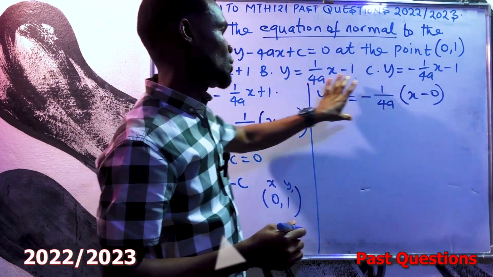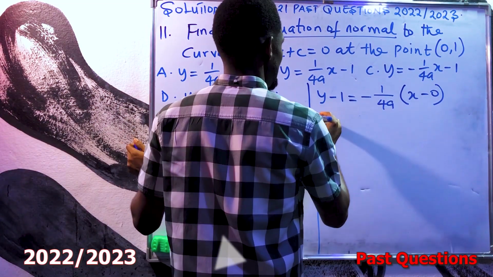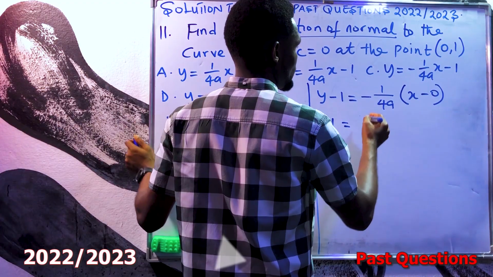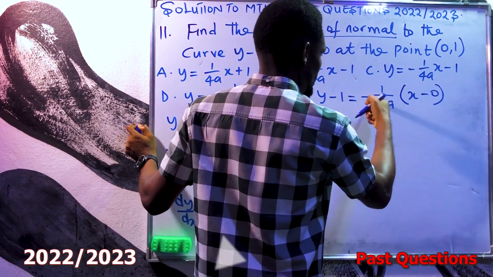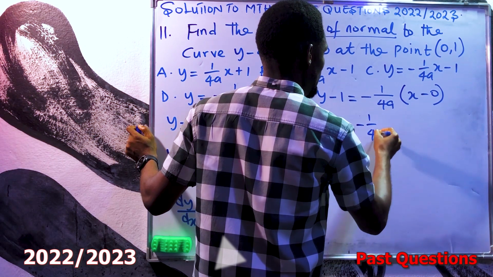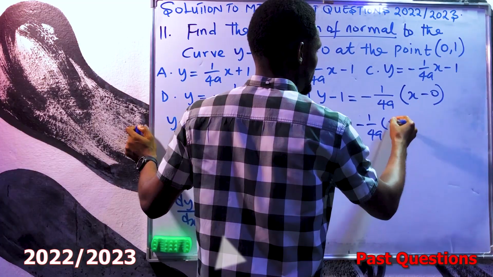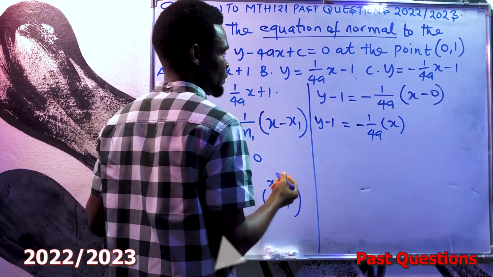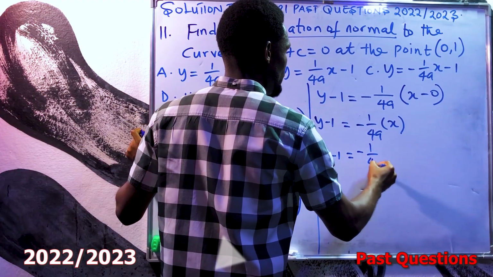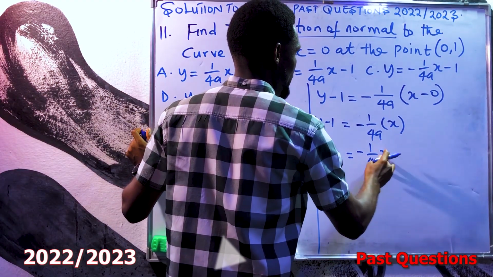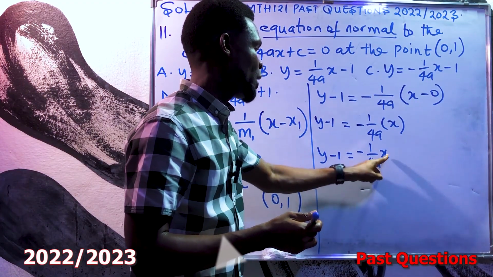The next thing is to simplify this to get our final answer. So y minus 1 equals minus 1 over 4a into x minus 0, which is simply x. That means y minus 1 equals minus 1 over 4a times x, which is minus x over 4a.